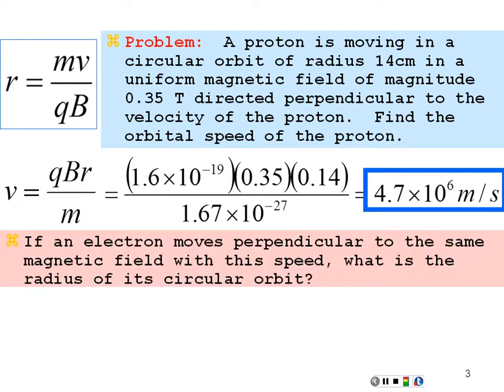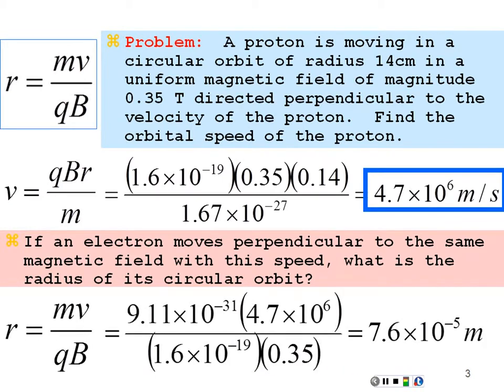If an electron moves perpendicular to the same magnetic field with this particular speed, what would be the radius of its circular orbit? Well, r equals mv over qB, moving with the same speed as this proton, but with the mass of an electron, 9.11 times 10 to the minus 31 kilograms, and it has the same magnitude charge, by the way.